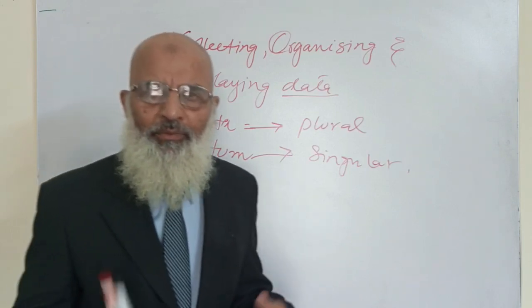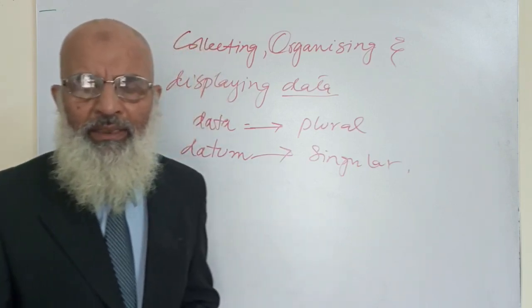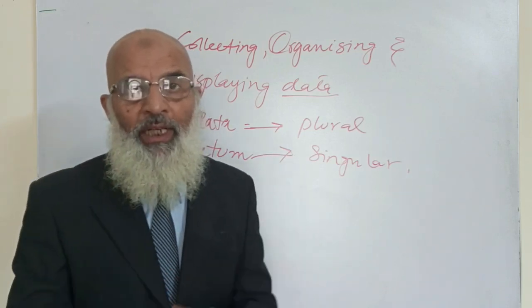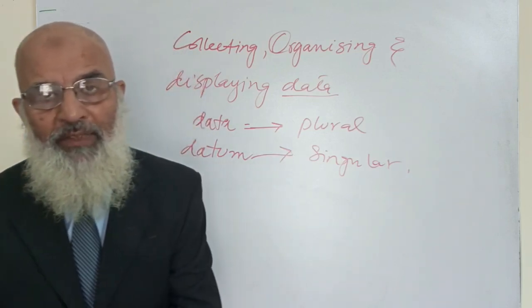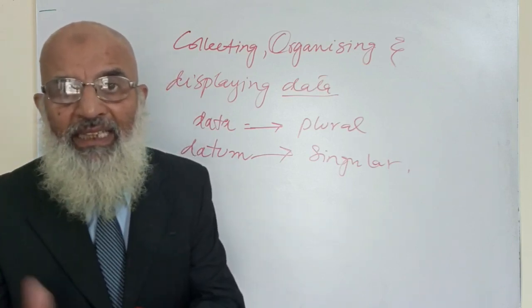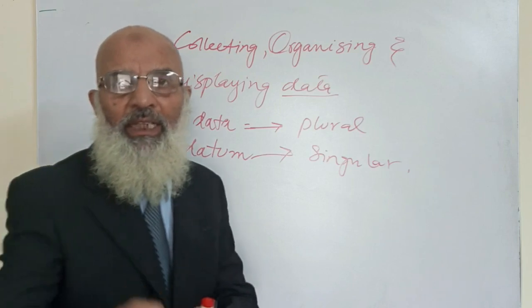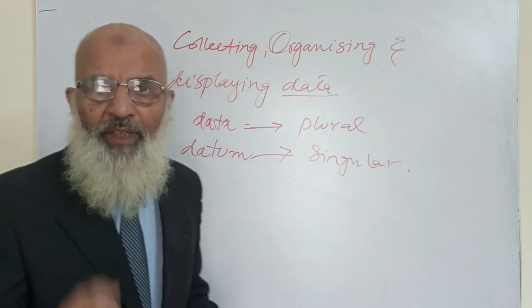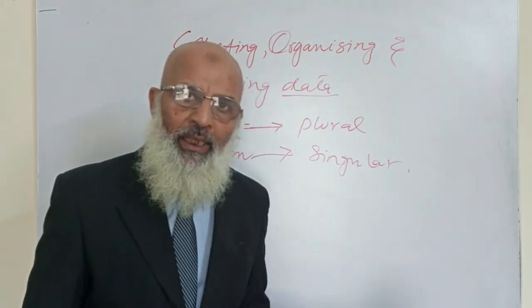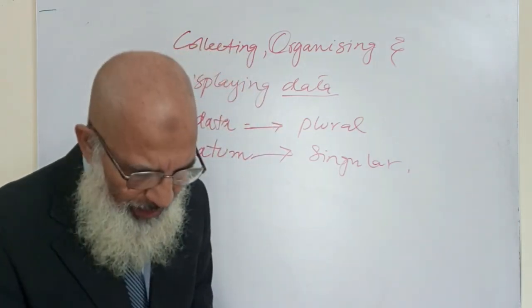They infer something out of it. And when a scientist leaves research somewhere, the next scientist carries on the research from that very point. So data collection is a very important thing which we have to study now.